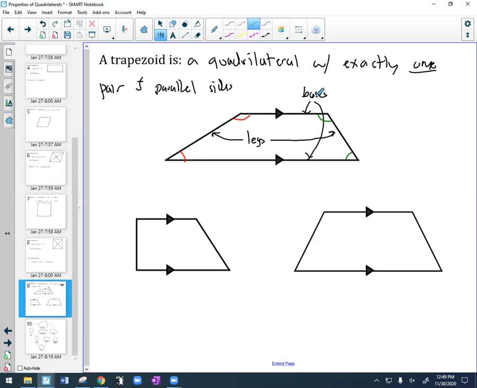Here, the red and the green, I don't want you to think those angles are the same. They're the same color, but they're really not the same. But like here, these are all different angles.